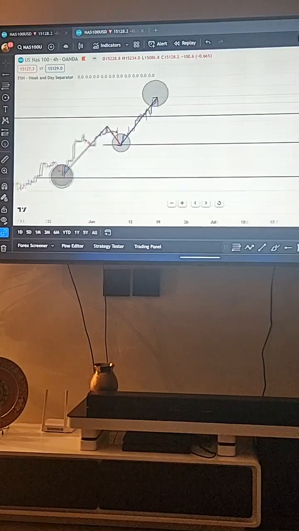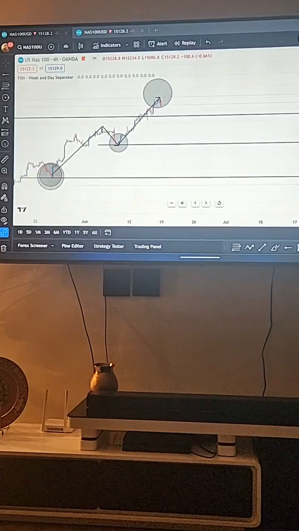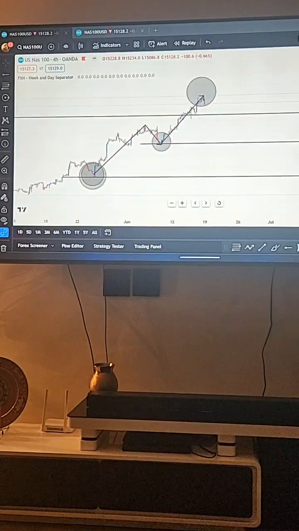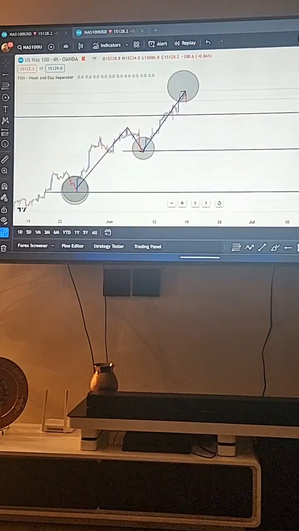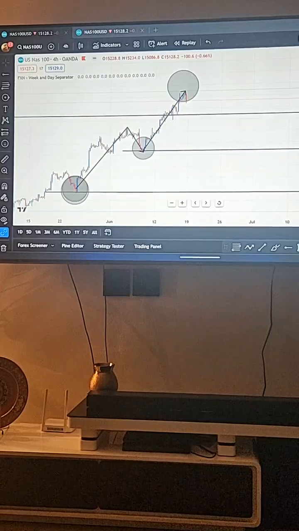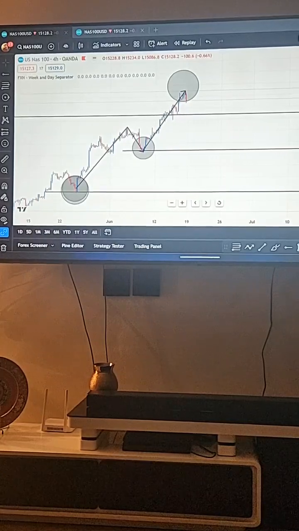Whether you want to be a swinger, an intraday trader, or a scalper, what this helps you understand is what we are targeting. You understand? What we are targeting.